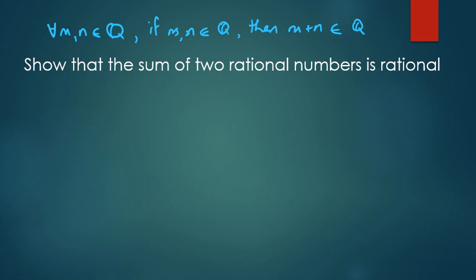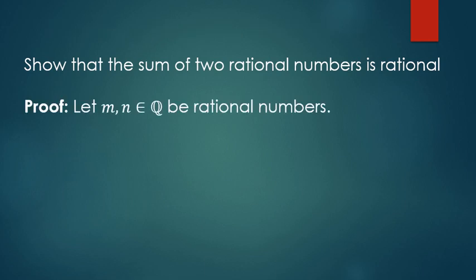So I'm going to kick off my proof by assuming I have two particular yet arbitrarily chosen rational numbers. I'm going to stick with m and n here. Now, the end goal is to show that m plus n is a rational number as well.